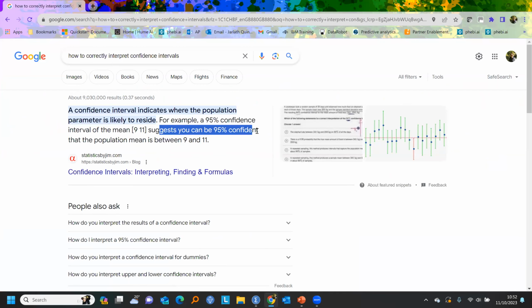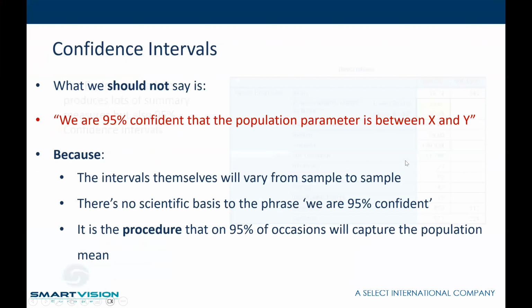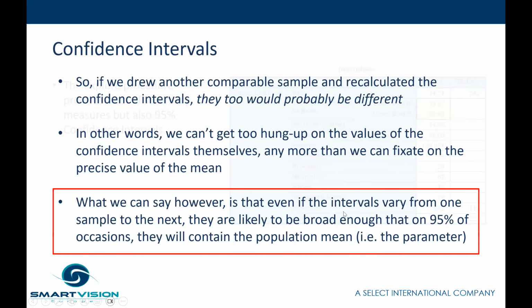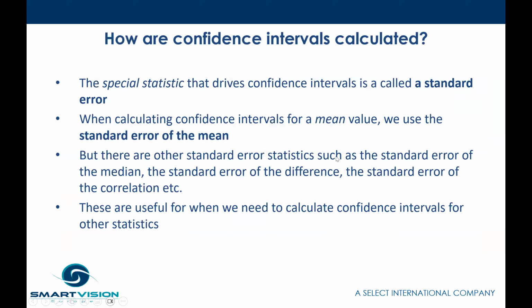Suggest you can be 95% confident that the population mean is between 9 and 11. That's incorrect. That's the first hit you're getting. That's absolutely incorrect. You can't do that. Instead, I know it sounds like it's semantics, but you got to say something like, they're broad enough that on 95% of occasions they will contain the population mean.